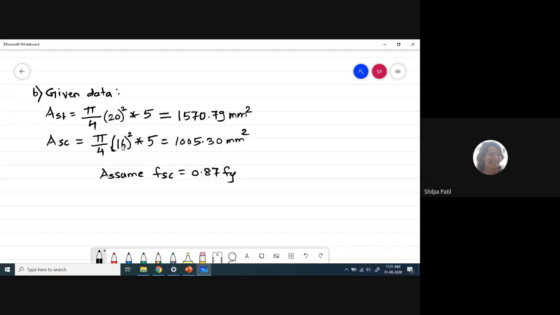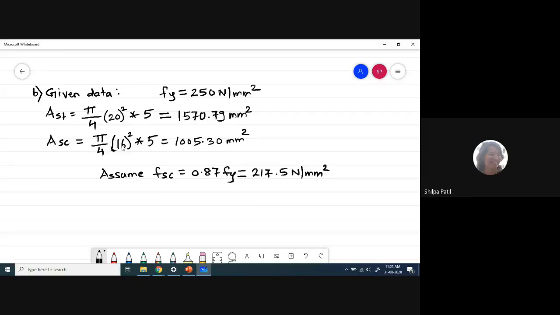Here the FY value is 250 Newton per mm square. So FSC equals 0.87 FY, which is 217.5.